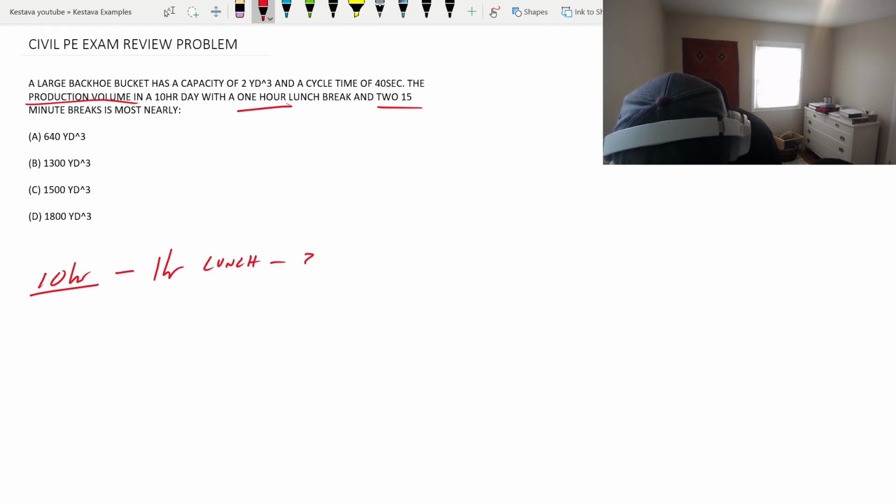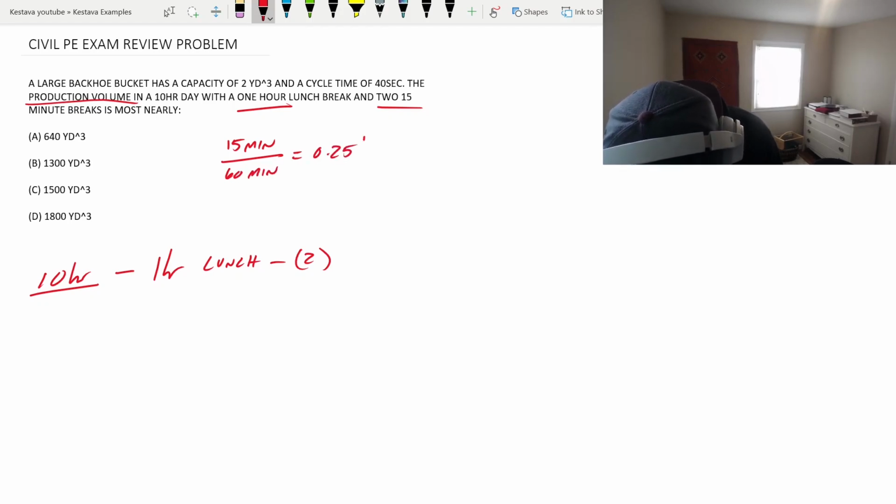And subtract out 2, because it's 2 15-minute breaks. 15 minutes over 60 minutes in an hour equals 0.25 hours, a quarter hour. So 2 times 0.25 hour gets us a total day's worth of operating time equal to 8.5 hours.